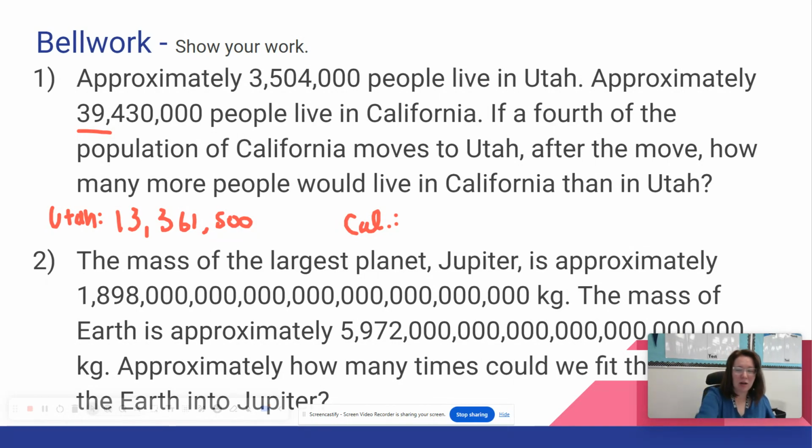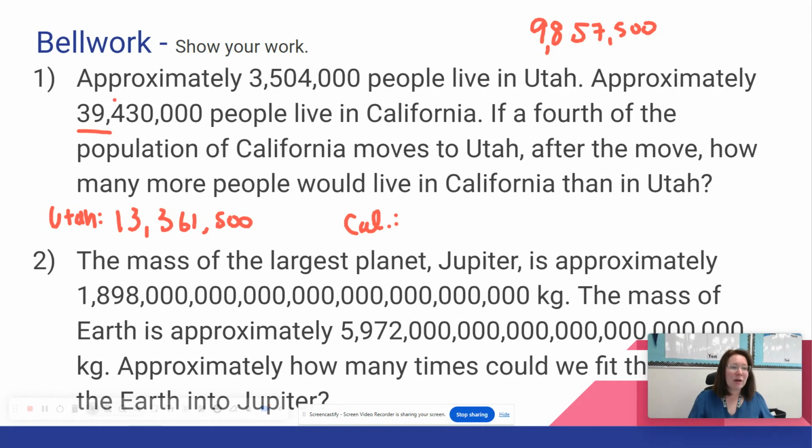So we're going to take our original California population and take away, or subtract, the amount of people who left, which was that 9 million number. So in my calculator, I should write this down so I can remember it before it disappears off my calculator. 9,857,500. Commas are very nice to help me know how to say these.